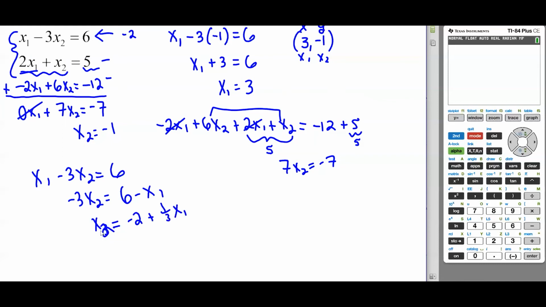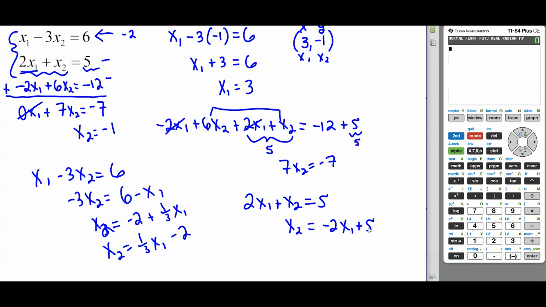So that's your y equals mx plus b. So let's write it this way: 1/3 x1 minus 2. And then let's solve the second one for x2. This is going to be a lot easier. So negative 2x1 plus 5, that's my mx plus b for the second one.